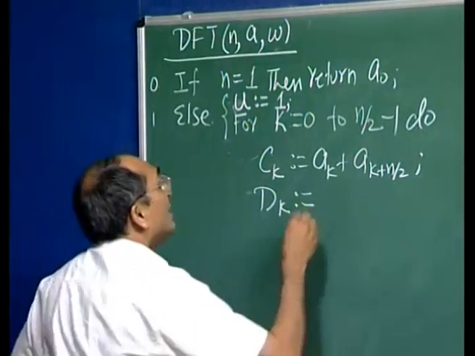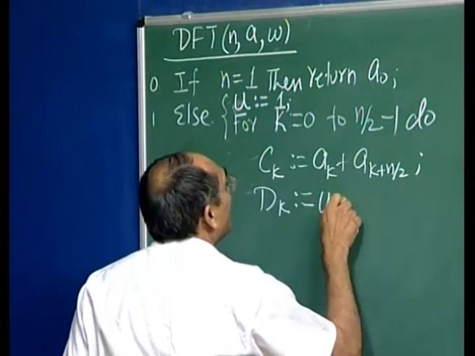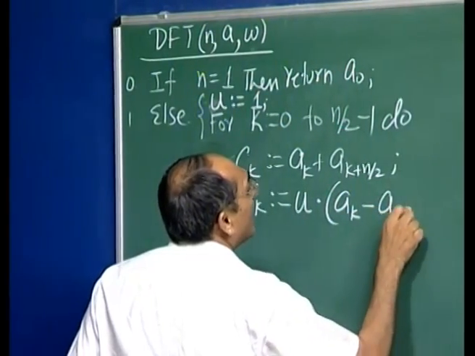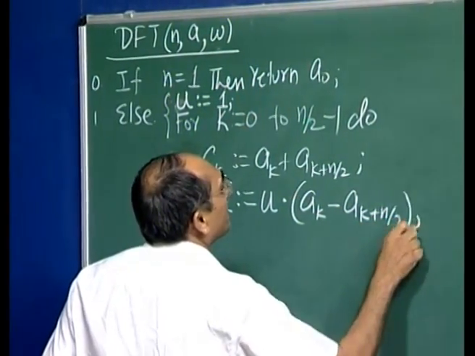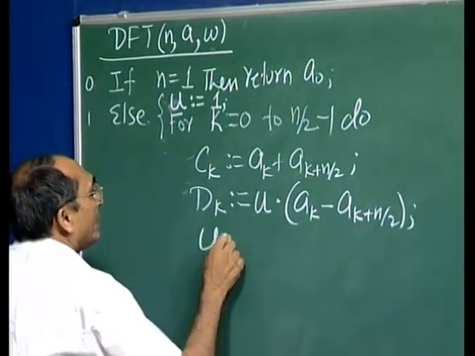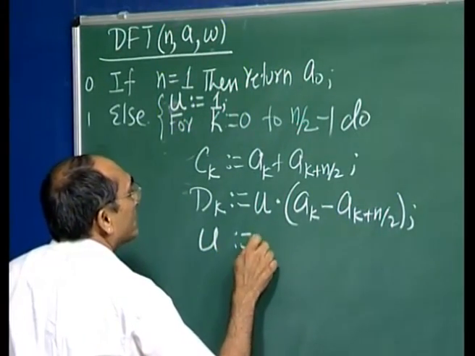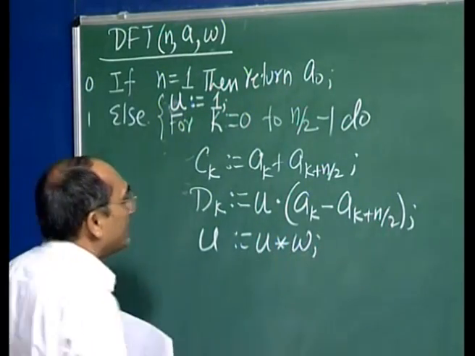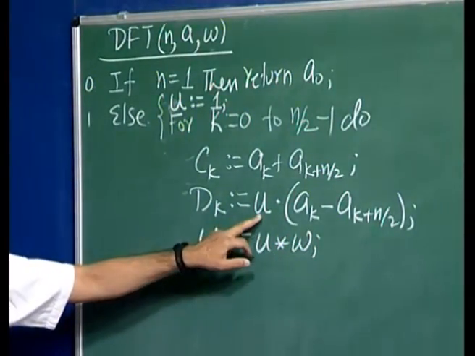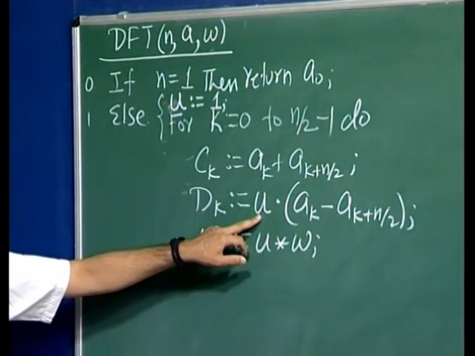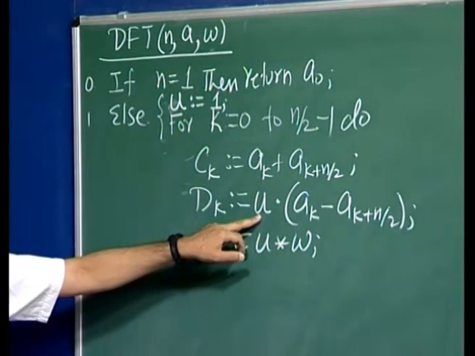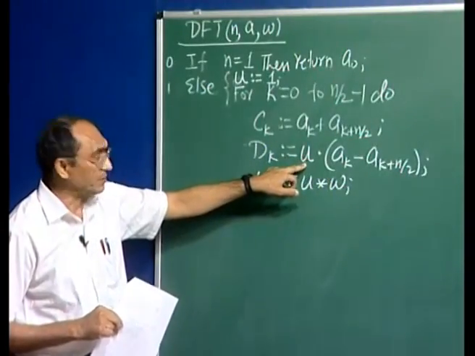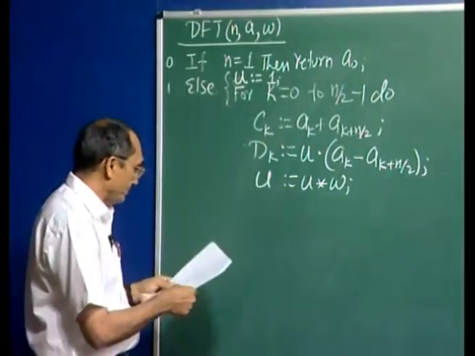So, we will have u times ak minus ak plus n by 2, and then we will update u. So, u will be times w. Hence, u is always w power k. When k was 0, u was 1 first time, subsequently it keeps on growing.